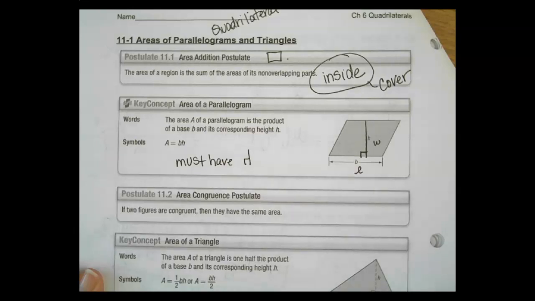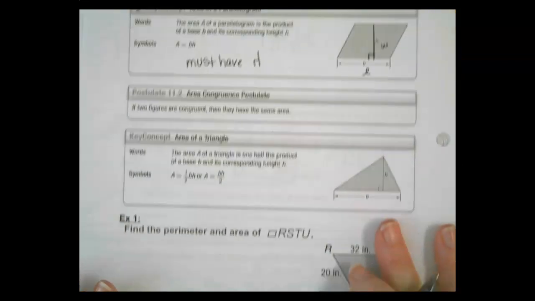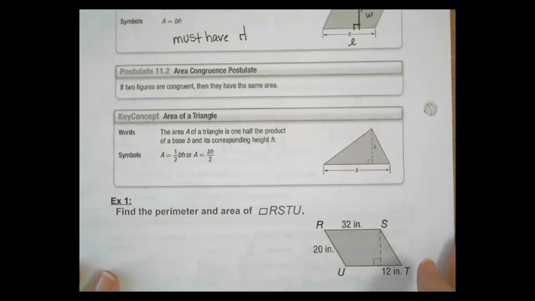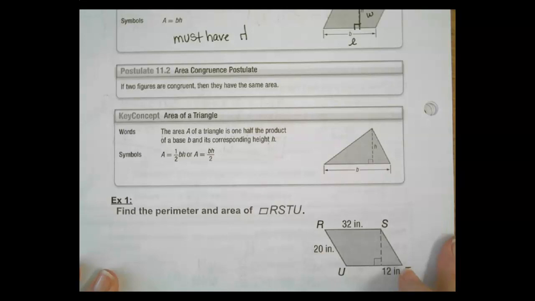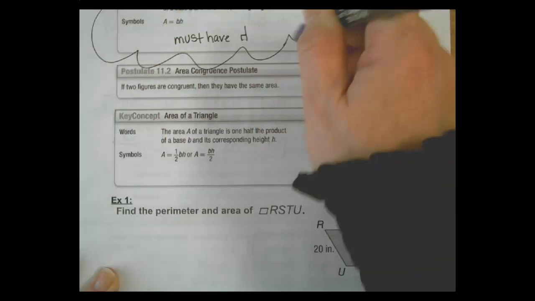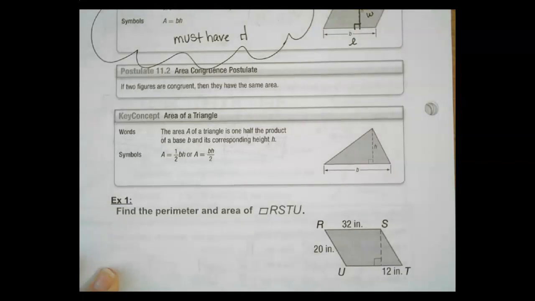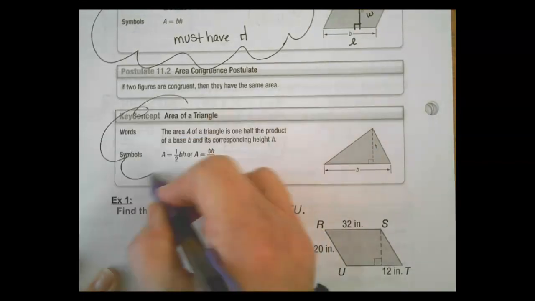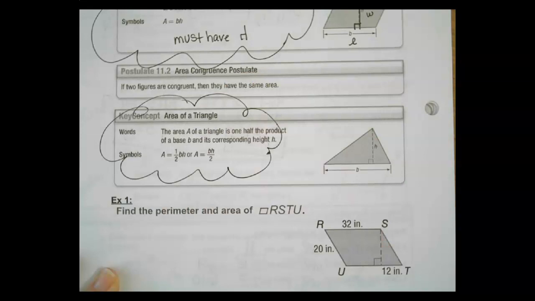Area congruence. If two figures are congruent, they have the same area. Some of these it's like no duh. Area of a triangle. I think you know that. It's 1/2 base times height.